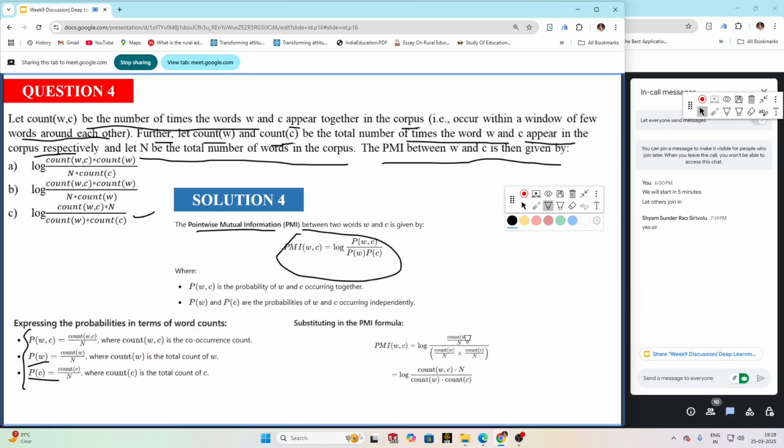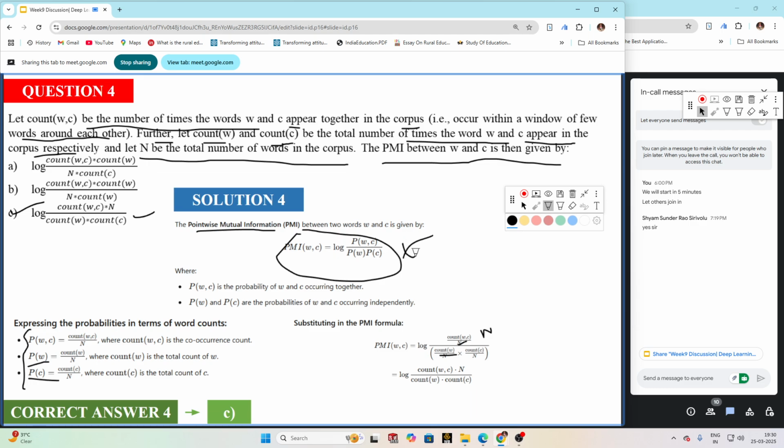So what will be your answer? The n and n will cancel, and this n will go up. So your answer will be log of count WC into n divided by count W into count C. So option C is your right answer. I hope this is clear.